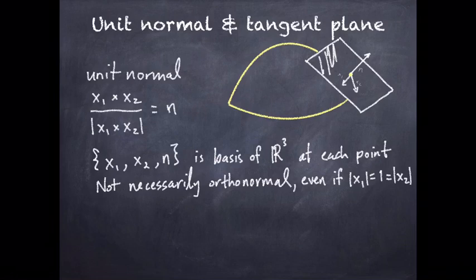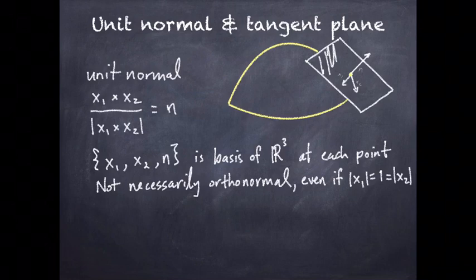Even if you make all of them have length 1, you can't guarantee that x1 and x2 are orthogonal to each other. But at the very least, by forcing the unit normal vector to have length 1, that unit normal vector up to a sign will be the same regardless of which chart we use.